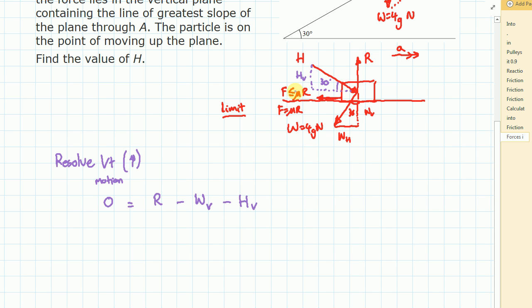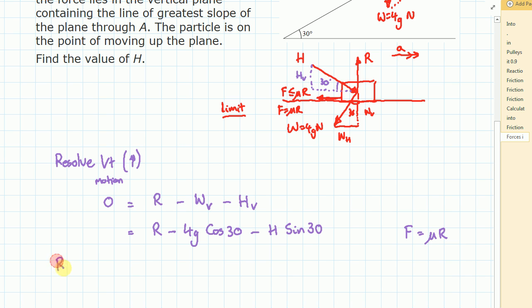So R minus 4g cosine of 30 minus H sine of 30 is my first equation. Also, friction equals mu R, because we're on the limit of motion.